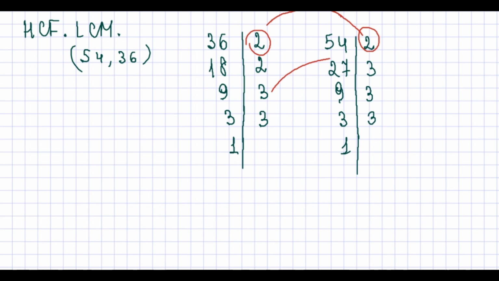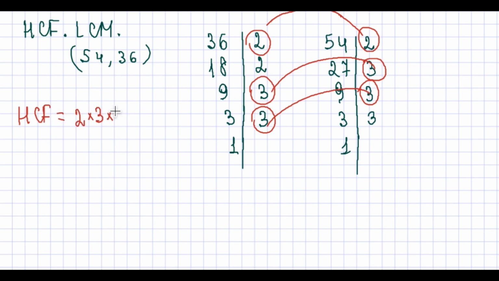But for these 3, we have. They are common. And for these 3, we also have. They are common. So HCF of these two numbers is 2 times 3 times 3. That makes 18. But what is LCM?